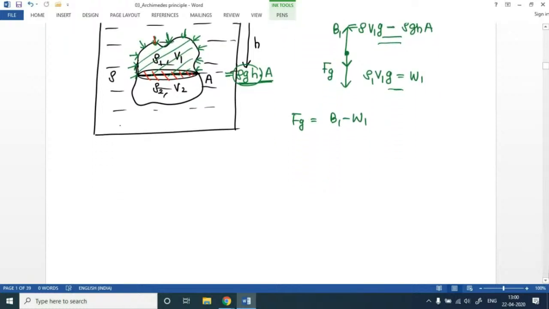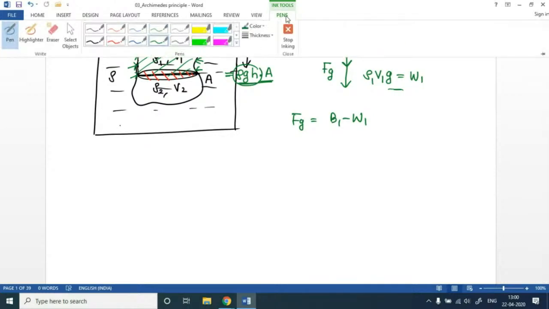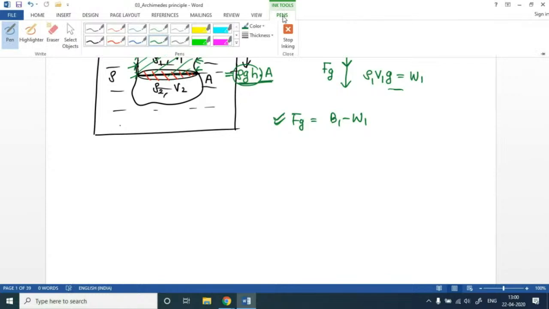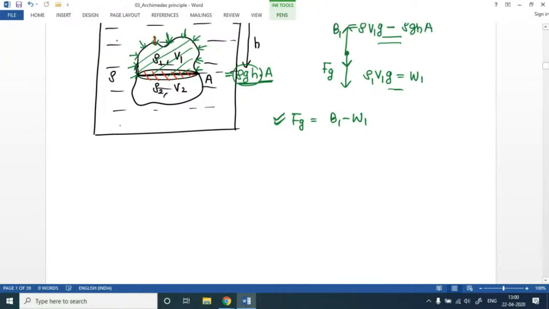Similarly, we can do the force balance for the lower body. Although we have already found this quantity, it can similarly be found using the equilibrium of the lower body. The lower body will experience a force due to the liquid from all around. Its own weight is going to be rho2 V2 g.